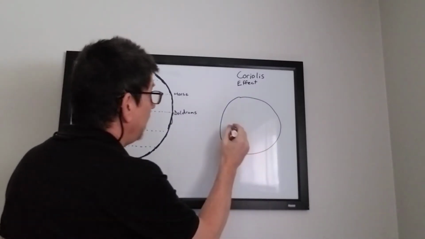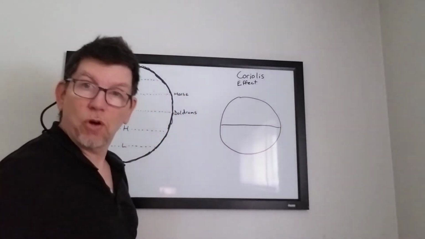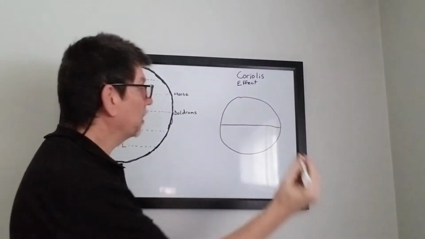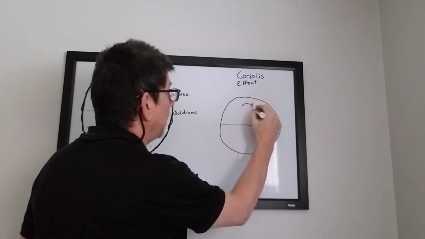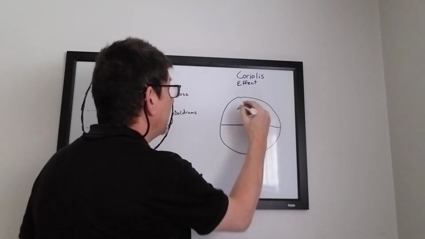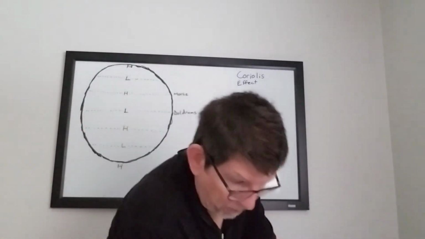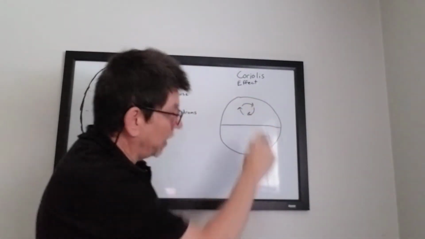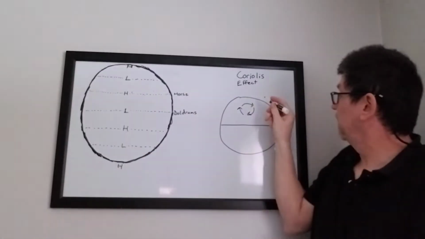In the northern hemisphere, the winds always turn to the right of the direction they're coming from. So if you're moving this way, you're going to bend down. If you're moving downward, you're going to bend this way, coming around.